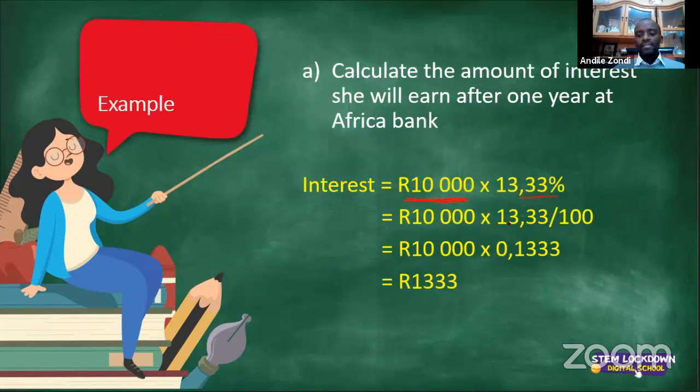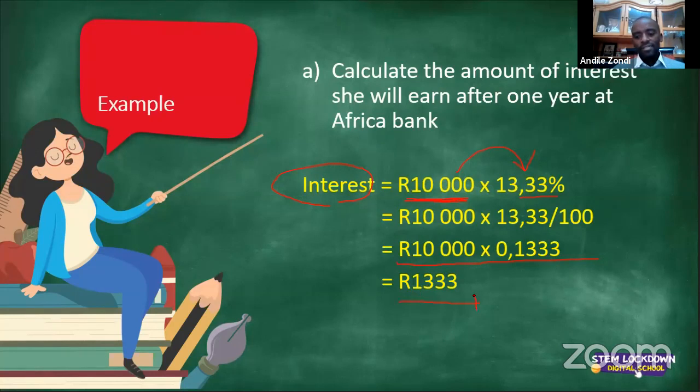This can be written as 13.33 divided by 100, or as I usually encourage learners, just divide your 13 by 100 and get 0.133. So the interest that you'll earn from 10,000, you take 10,000 and you multiply it by the interest rate, and you'll get 1,333.